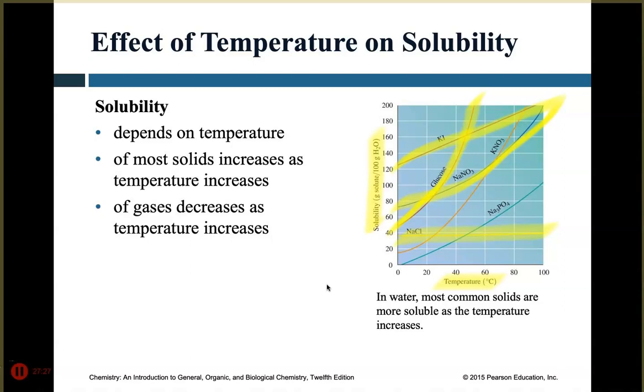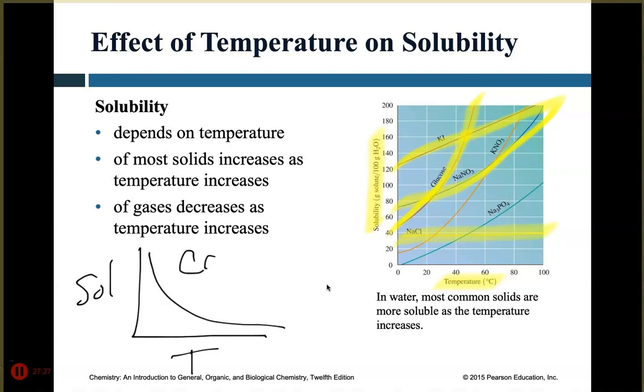What is not shown here would be the solubility of a gas versus temperature. And what you actually see there is the reverse. This explains why something like carbon dioxide, which is a greenhouse gas, is so worrisome when the temperature is increasing in the ocean.